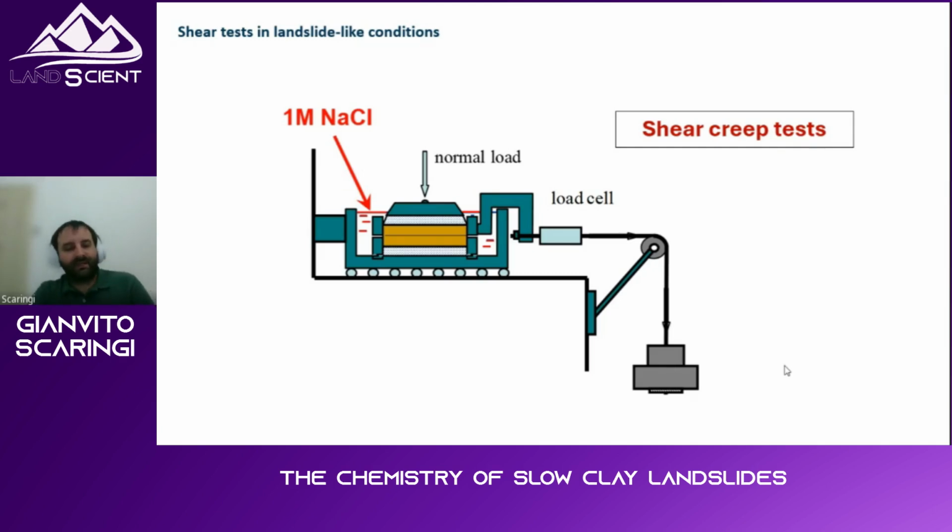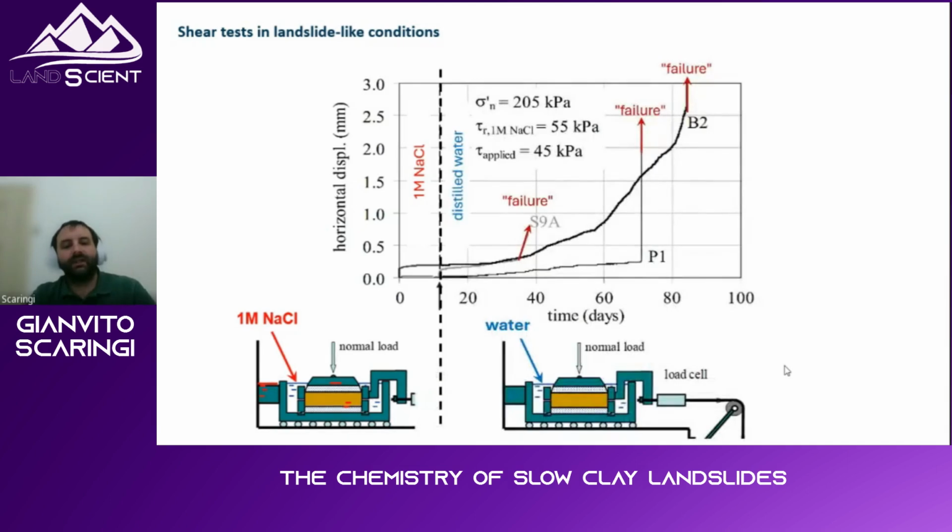And if you prepare a sample with a concentrated solution, as I show you now in this snapshot, there is no creep displacement because the material is strong and the shear force is small enough. But then you replace the solution with distilled water, causing a weakening, which is the same weakening that might happen because of exposure to rainwater.